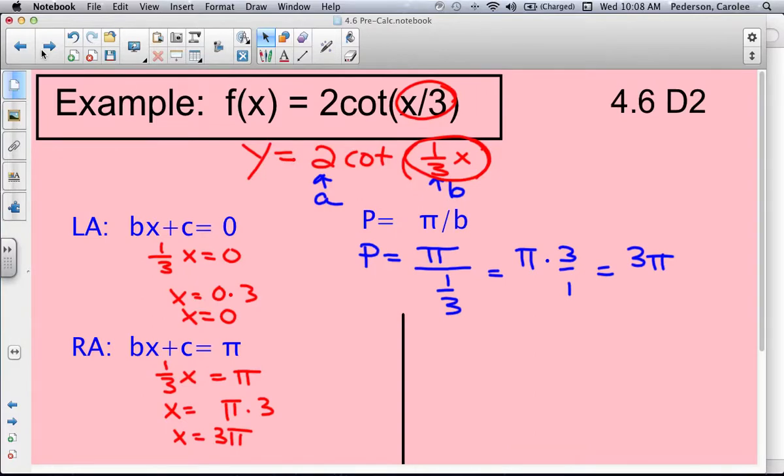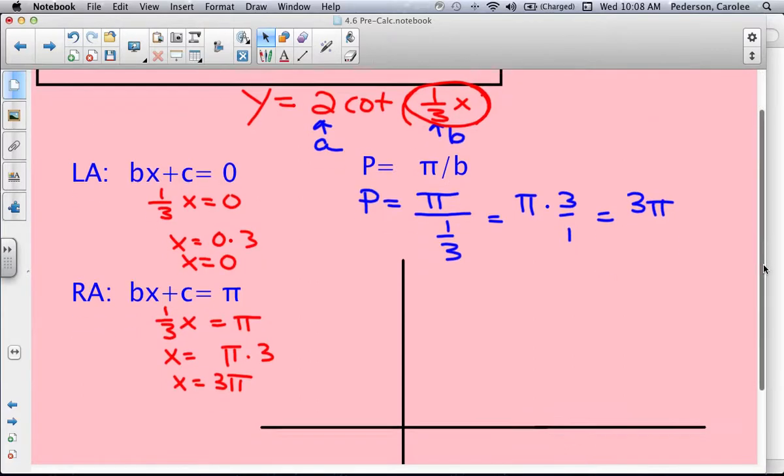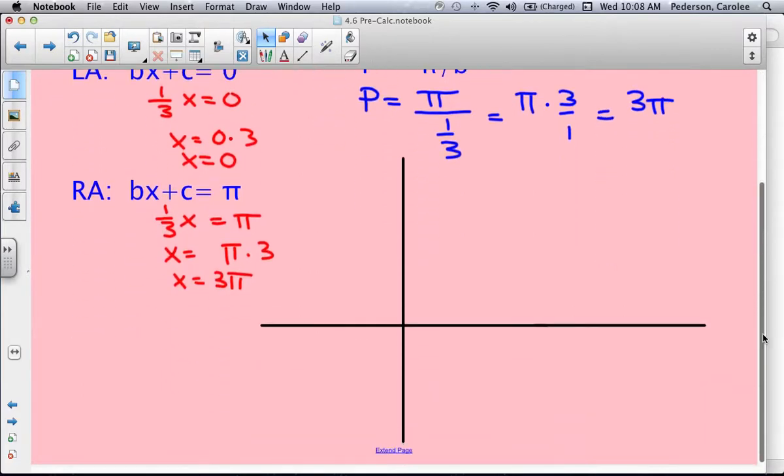All right. So our asymptotes are at 0 and 3 pi. No vertical shift to worry about. There wasn't a reflection. We go halfway between those two: 3 pi over 2.